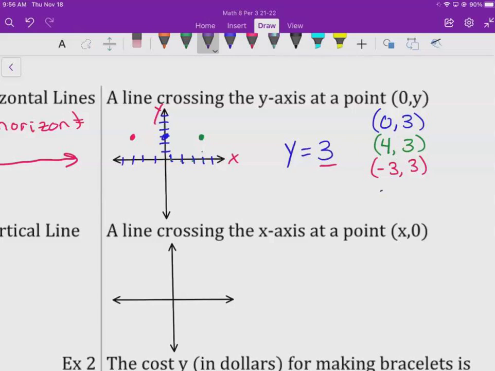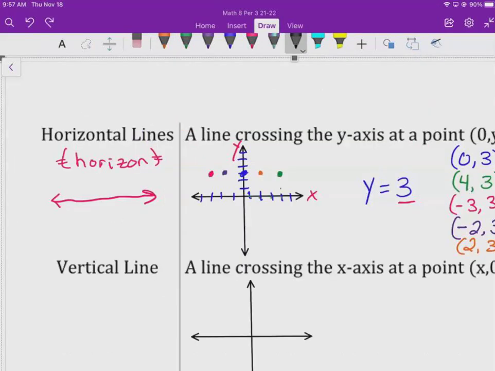And then let's do negative 2, 3. Again, my y coordinate is 3, so negative 2, 3. And then one more, let's do positive 2, 3. Okay, so positive 2 to the right, up 3. So what do you see? You see that all of these coordinates line up. And if you draw a line through them, all these points line up.